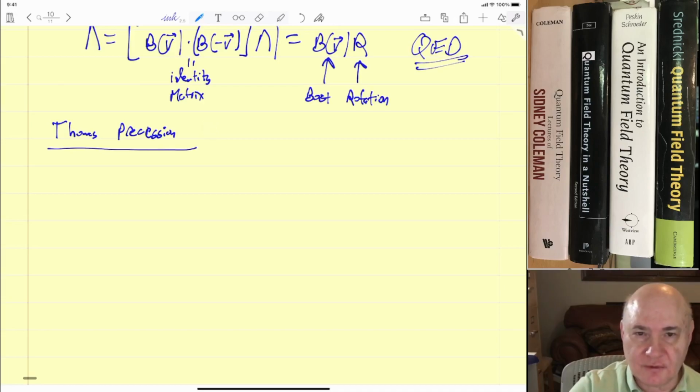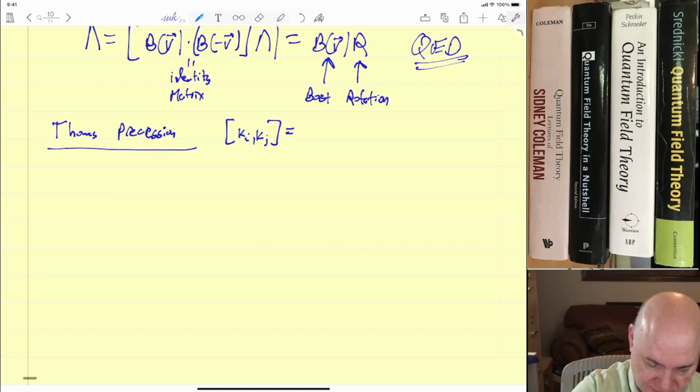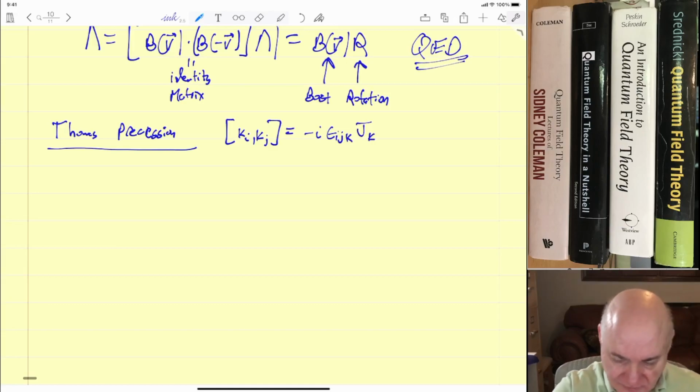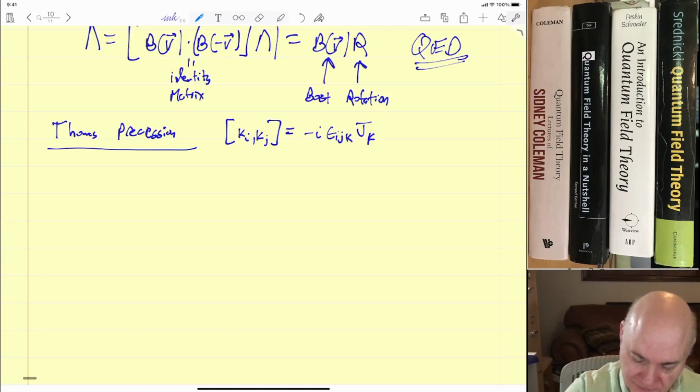If you recall from the Lorentz transformation lecture, the boost generators don't commute. [K_i, K_j] is equal to minus i epsilon_ijk J_k. Forgetting about the minus sign for now, what does this mean? It tells me that if we do two boosts in a row and then do them in the opposite direction, we're going to get something, and remember, J is the generator for a rotation, so we're going to get a rotation.